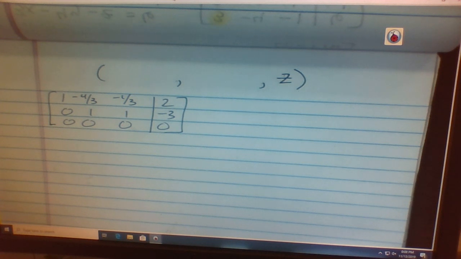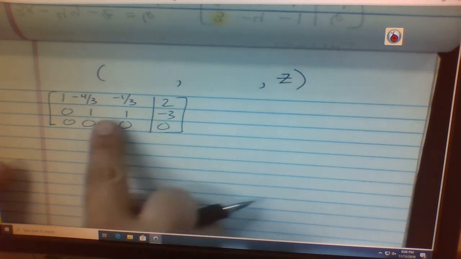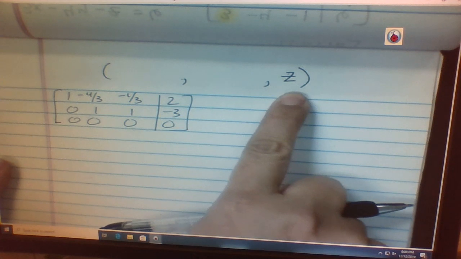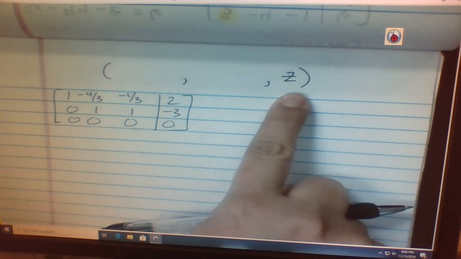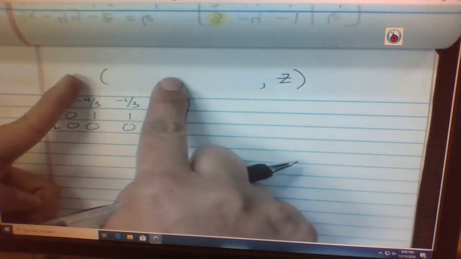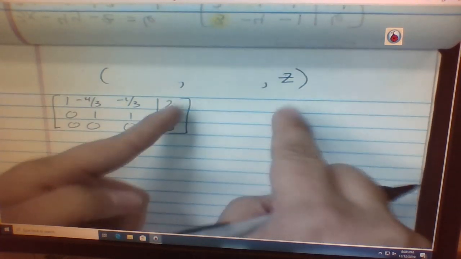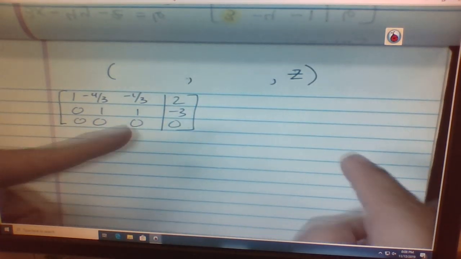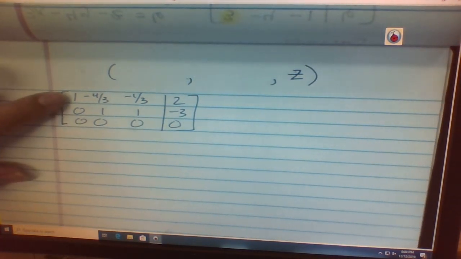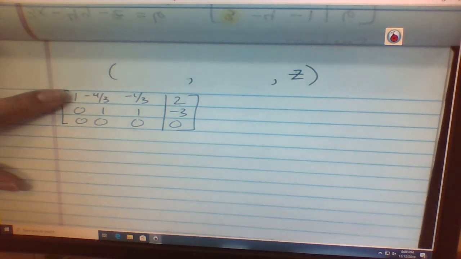On your assignment, you're going to have 3 bullets. One bullet where it says put an answer. The second bullet says no solution. And the third bullet says infinitely many, and the Z is already in there. So your job is to figure out who's Y and who's X in terms of Z.